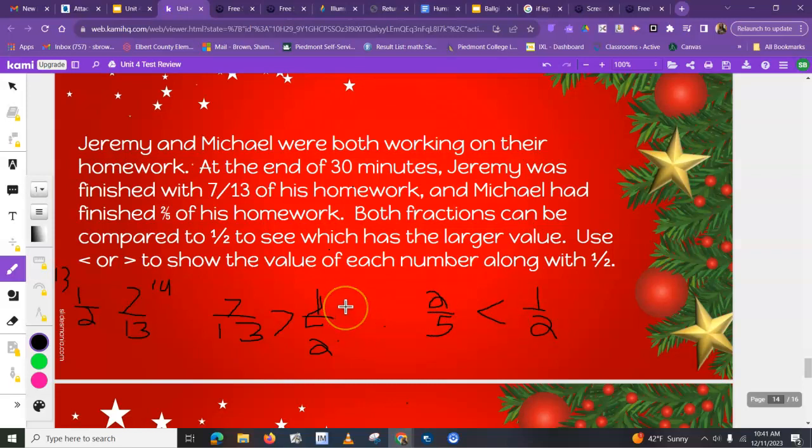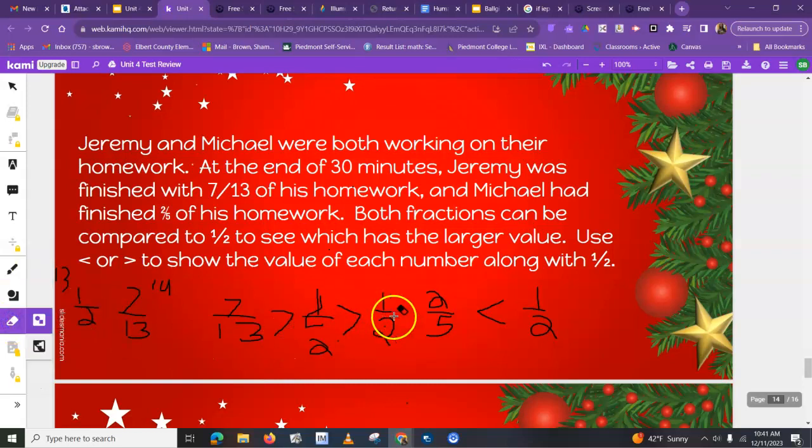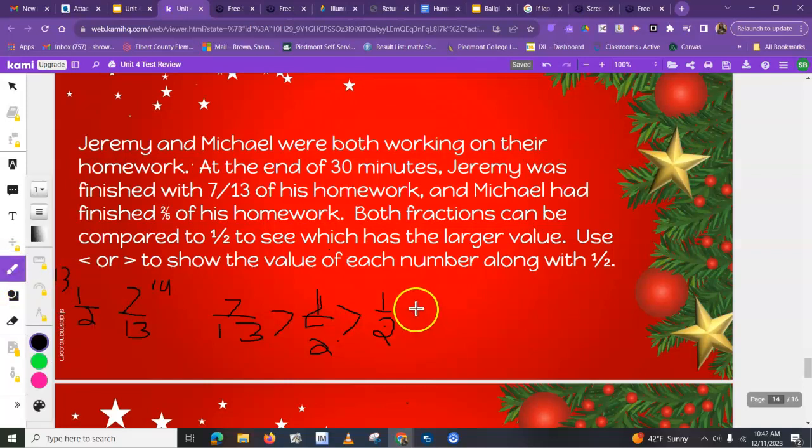So I could do it like this, saying that 7/13 is greater than 1/2, and then 1/2 is greater than 2/5. I may have had that wrong.